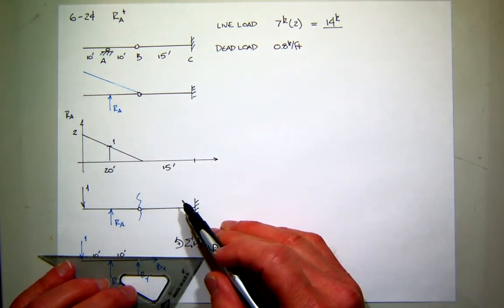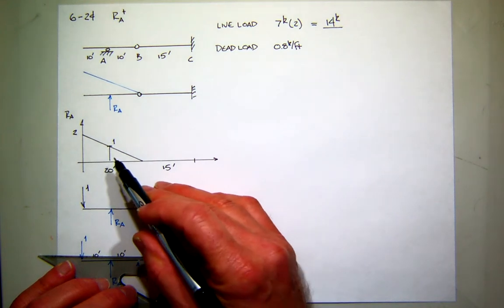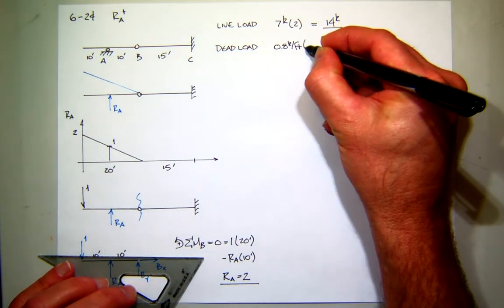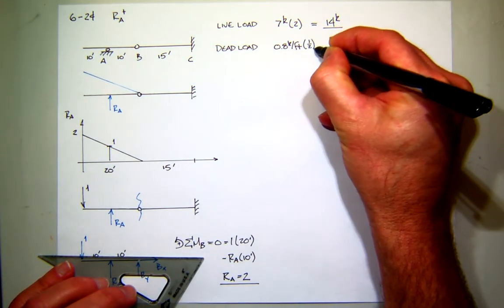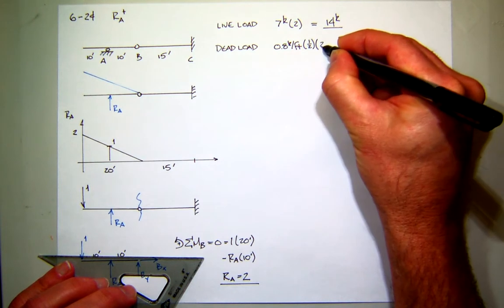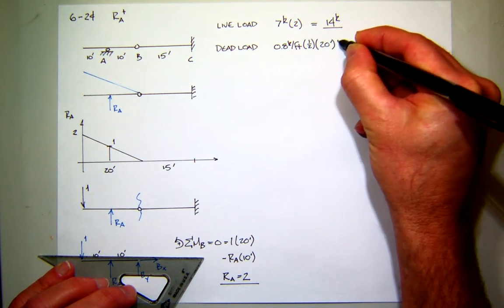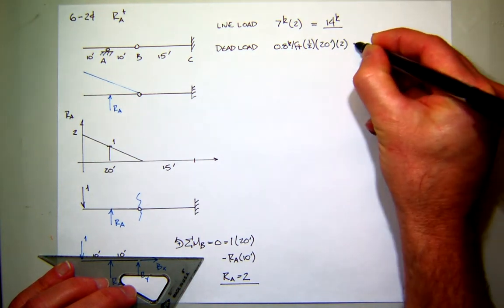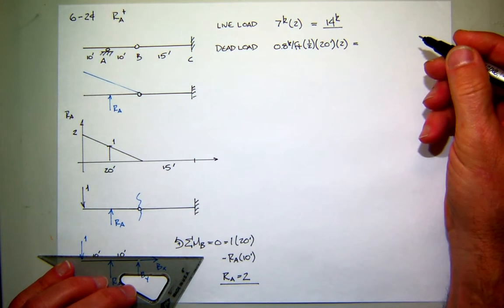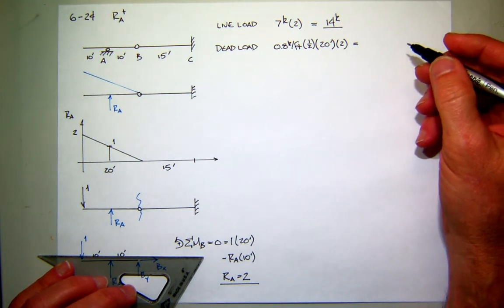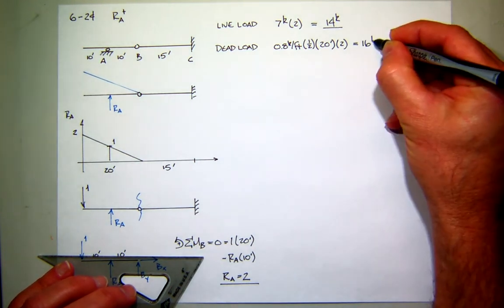But there is no negative, there's only positive. So that area would be 1/2 the base, which is 20 feet, times the height, which is 2. And that looks like 16 kips. It is 16.